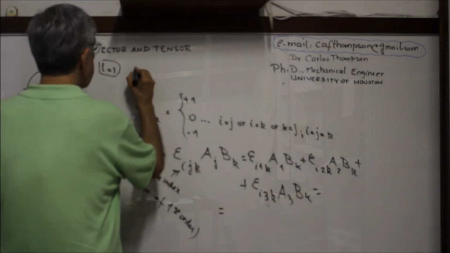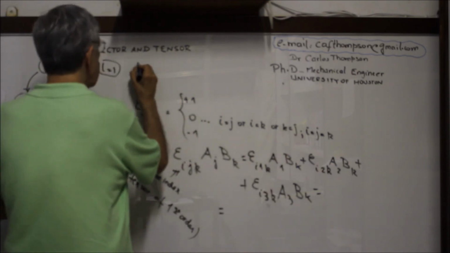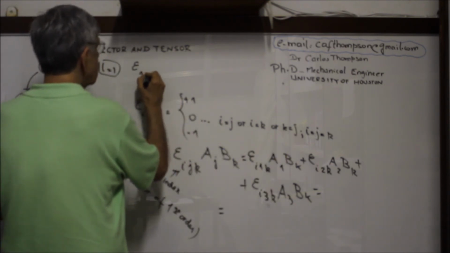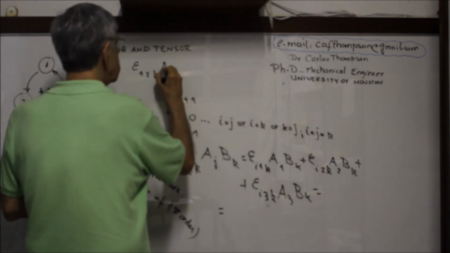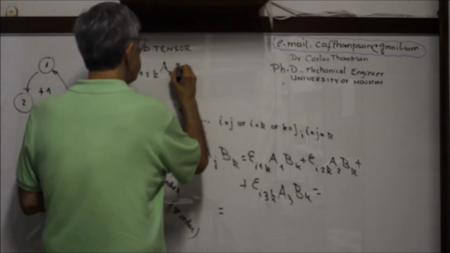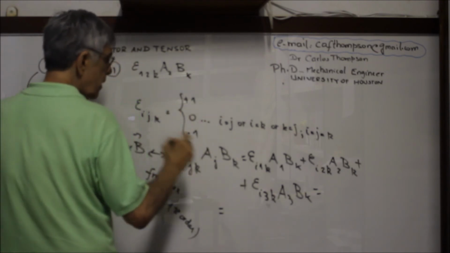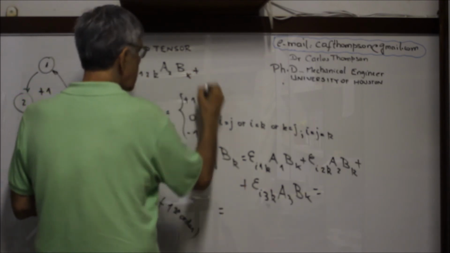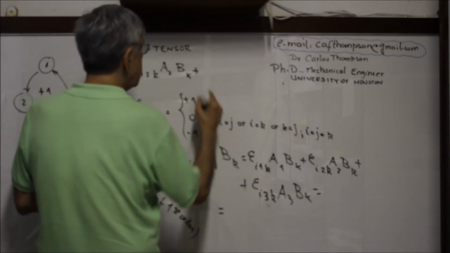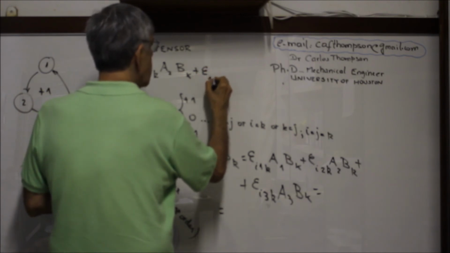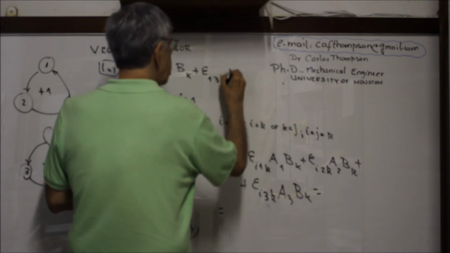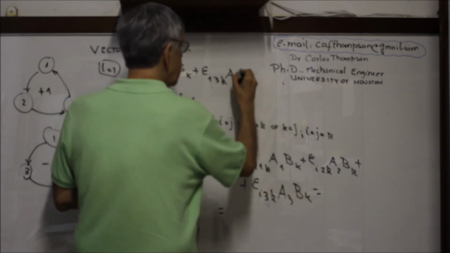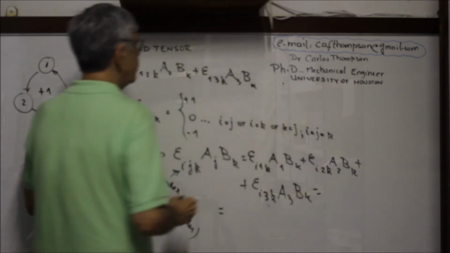Then I can write over there epsilon 1, 2, k a2 bk, plus epsilon 1, 3, k a3 bk.